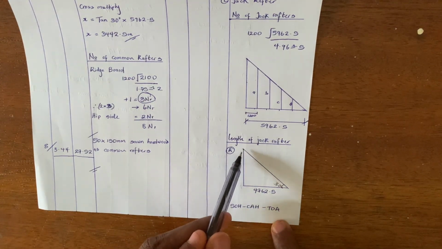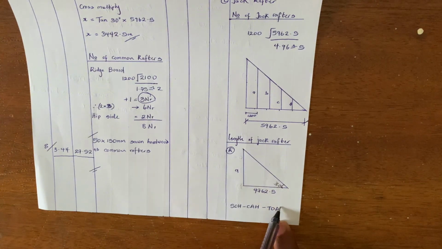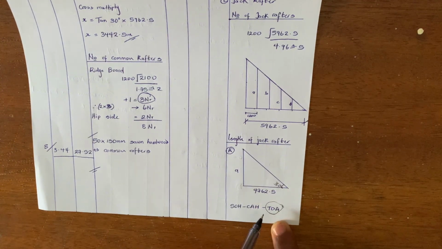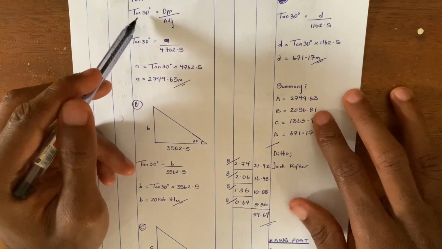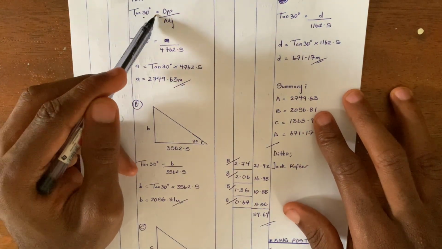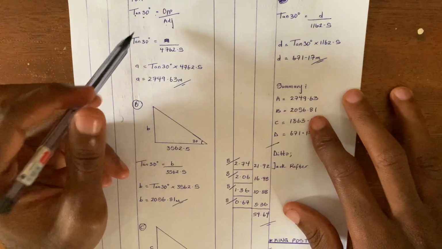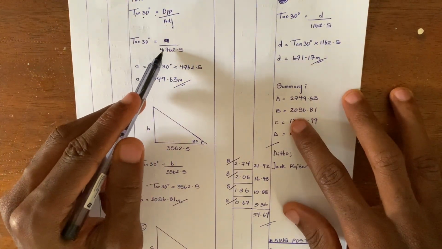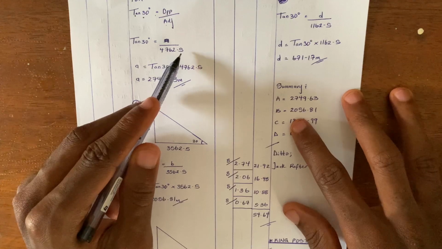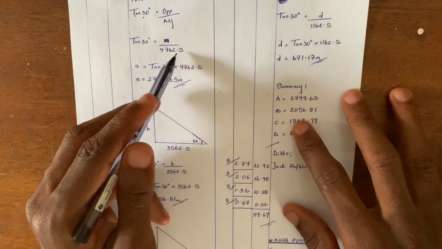We are looking for the opposite side. So we're going to be using TOA, tangent. So now we write TOA, which is tan 30 degrees is equal to opposite over adjacent. So tan 30 degrees is equal to A all over 4,762.5. How did I get 4,762.5?